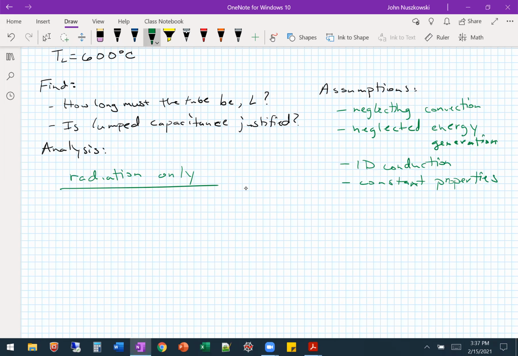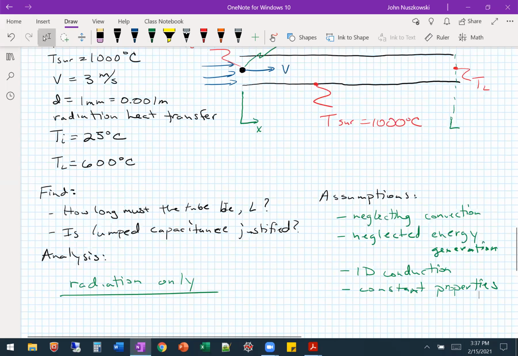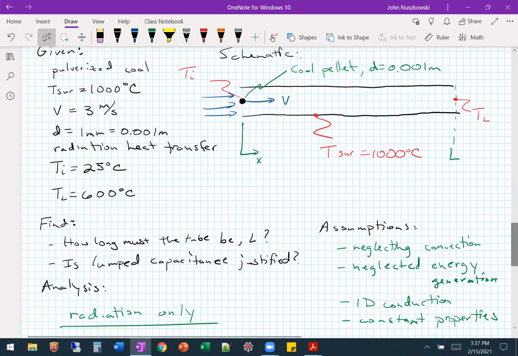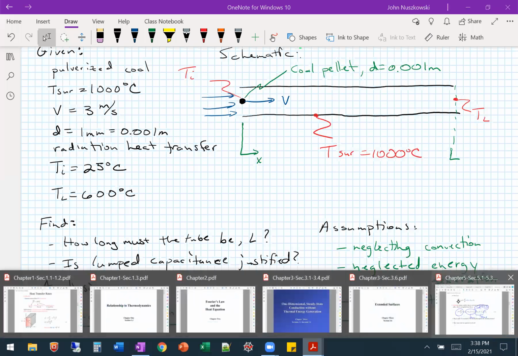Now what? Now where do we go? We know we've simplified it to radiation only. Now what? Use that radiation only equation.